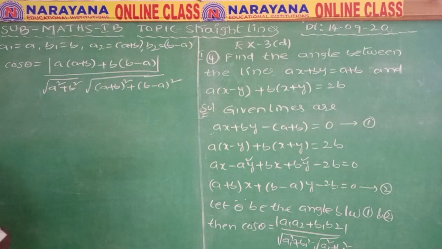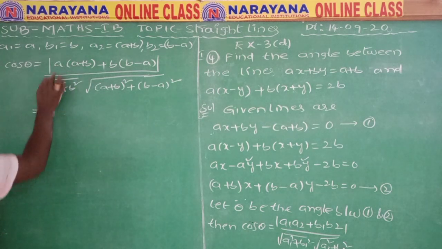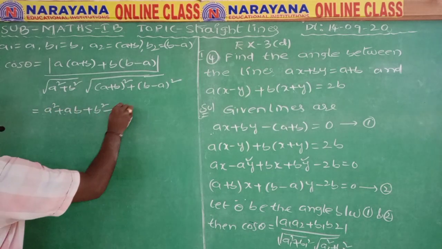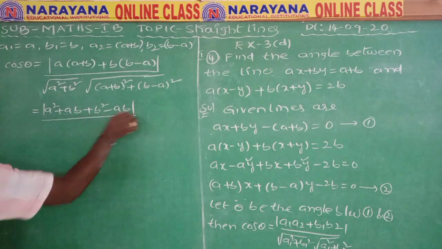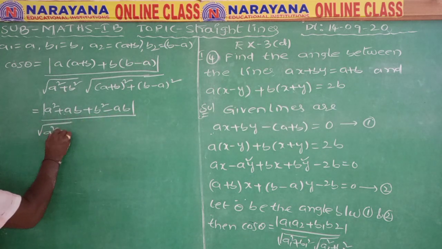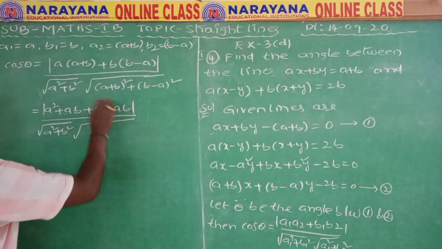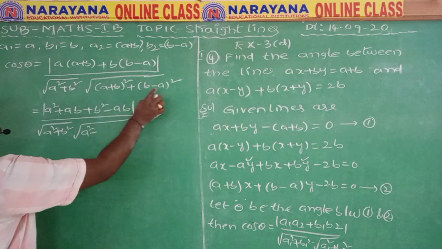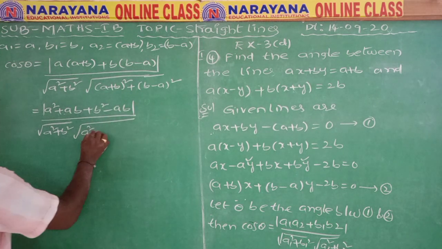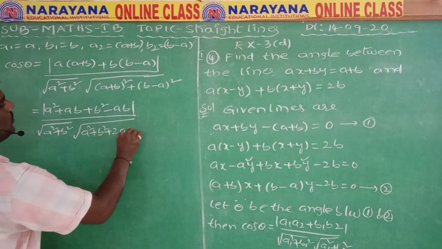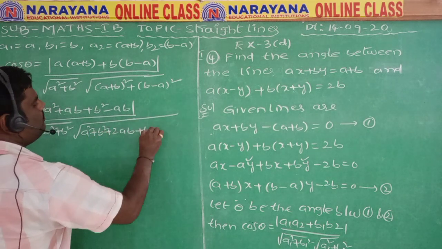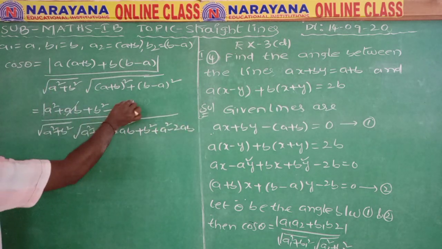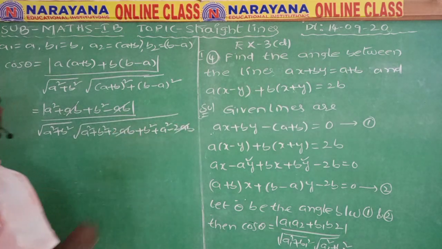Now, a into (a + b) plus b into (b - a) gives a square + ab + b square - ab, by root a square + b square, and (a + b) whole square, and (b - a) whole square, which is a square + 2ab + b square + a square - 2ab + b square. Minus ab and plus ab get cancelled, and 2ab gets cancelled.